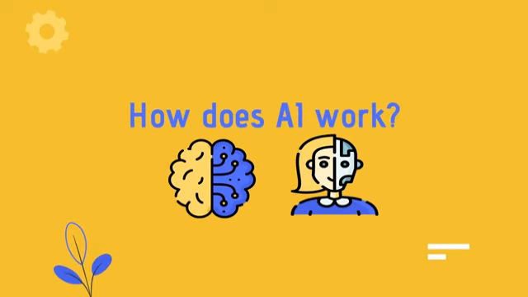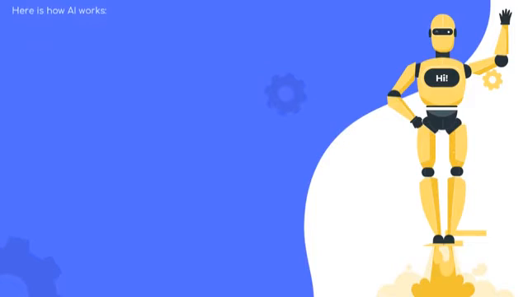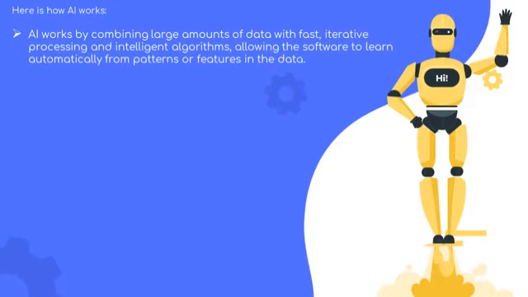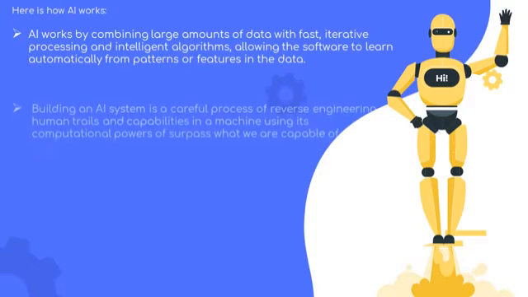How does AI work? Here is how AI works. AI works by combining large amounts of data with fast and iterative processing and intelligent algorithms, allowing the software to learn automatically from patterns or features in the data.